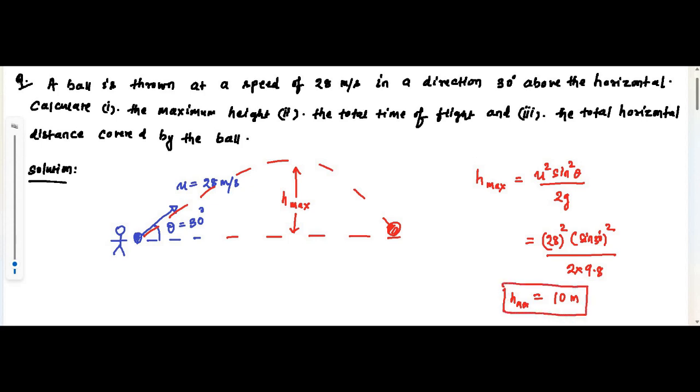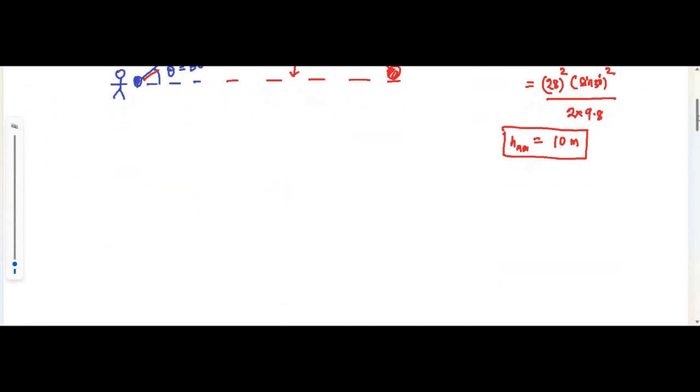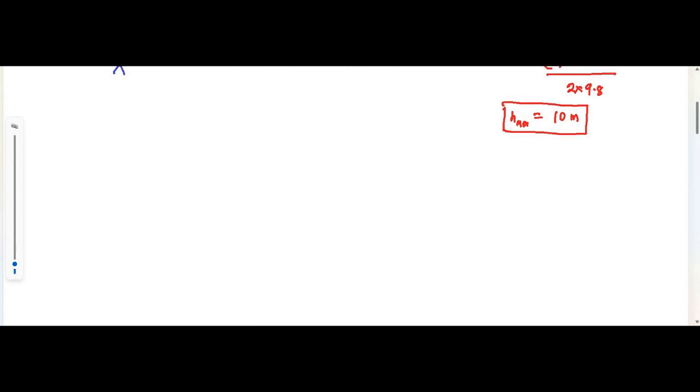Then the total time of flight. Again, the formula for total time of flight is equal to 2u sine theta by g. We'll put the values: 2 into 28 into sine 30 degree, that is 1 by 2, by 9.8 meter per second square.